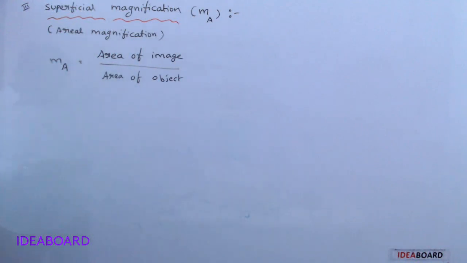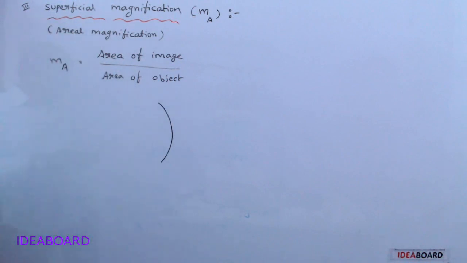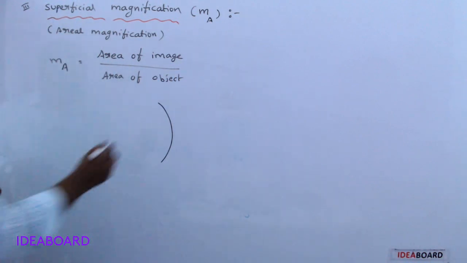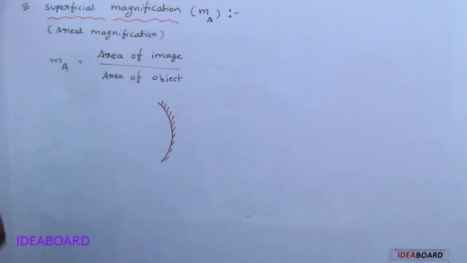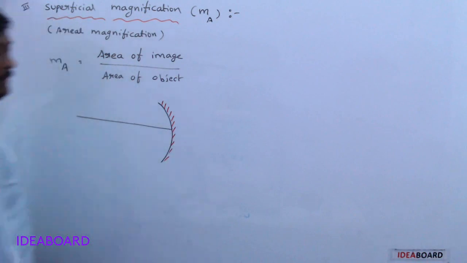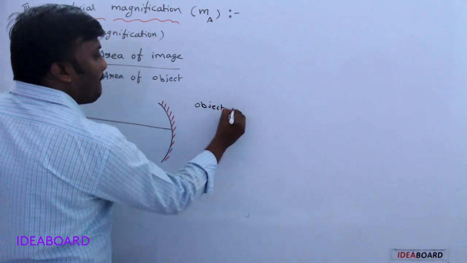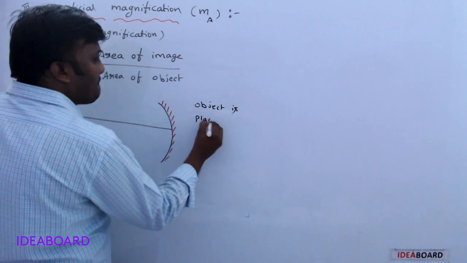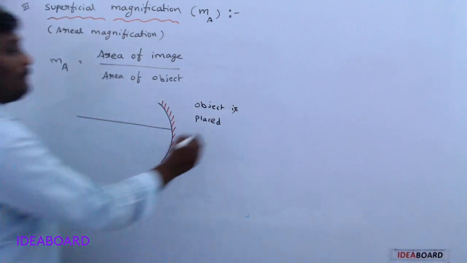Do you understand? So here we consider one concave mirror, and this is the principal axis. Now the object is placed normal to the principal axis.